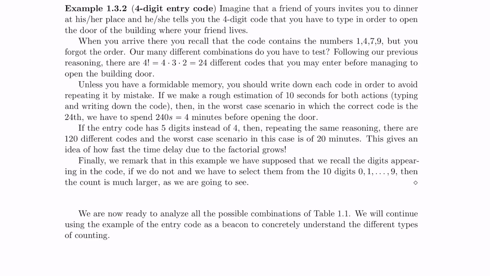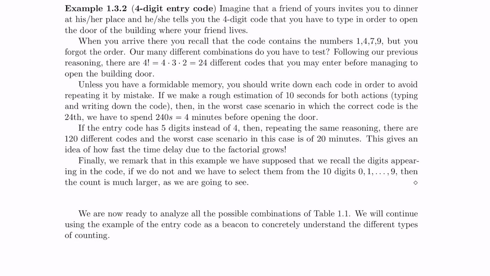Now imagine that the entry code has 5 digits instead of 4. Then, if you repeat the same reasoning, there are 120 different codes, and the worst case scenario now is 20 minutes.